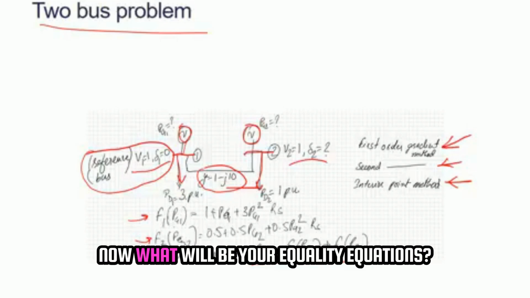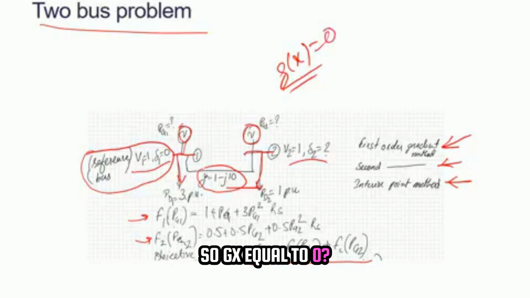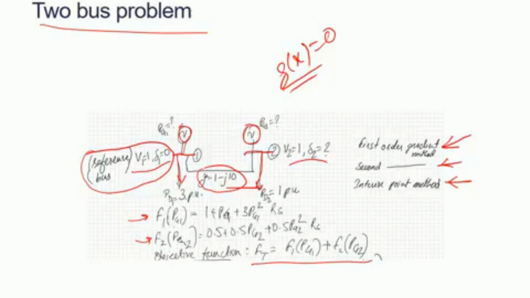Right. Now, what will be your equality equations? What will be your g(x) equations in this? So g(x) equal to 0. What all equations are going to be there? Can you guess here? So PG1 plus PG2 equal to 4, neglecting the loss.